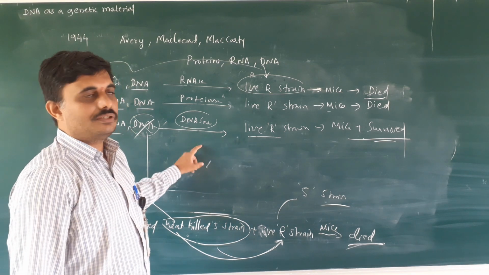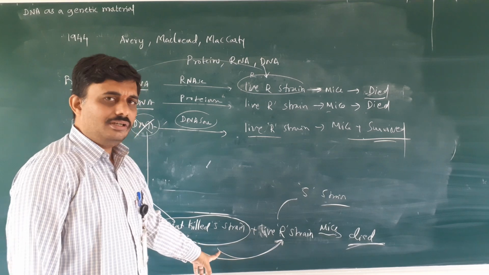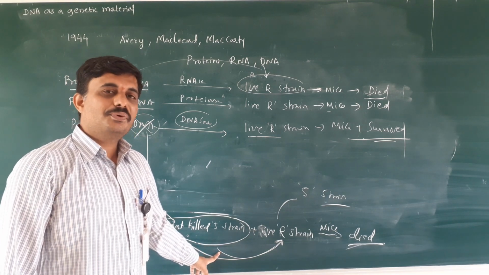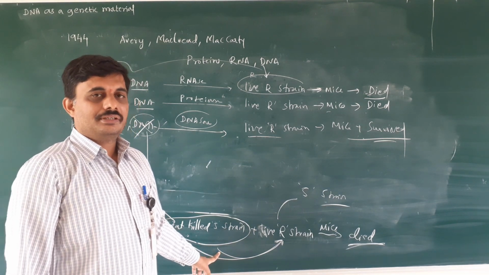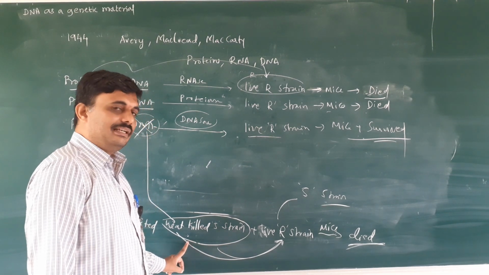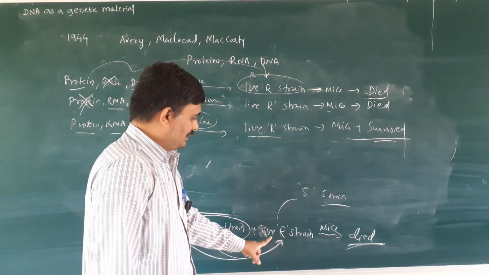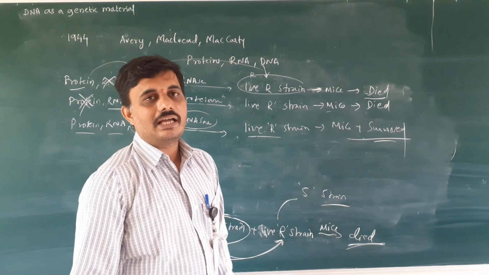This is the experiment of Avery, McLeod and McCarty, using the last step to prove the DNA transfer from the heat-killed strain to the R strain, converting it to a virulent live strain.